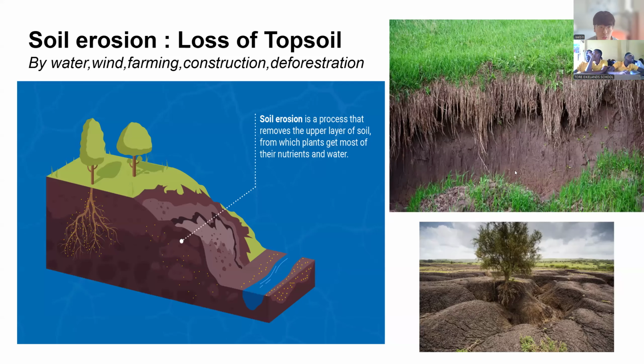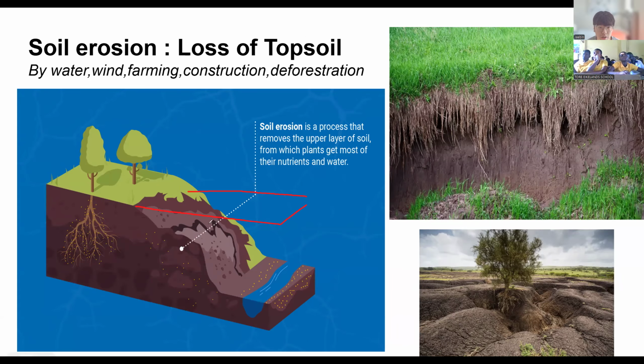So this is the soil erosion that we've talked about. You can see that the top layer of soil, what's supposed to be here, is being eroded off. It's being eroded off by wind and water, or farming, or construction, or deforestation.